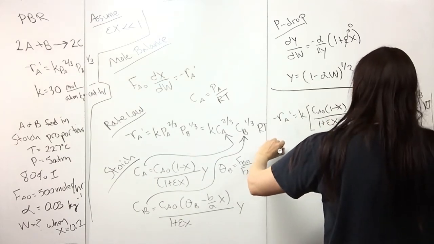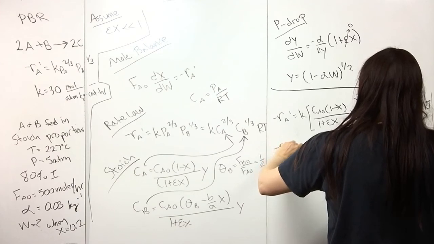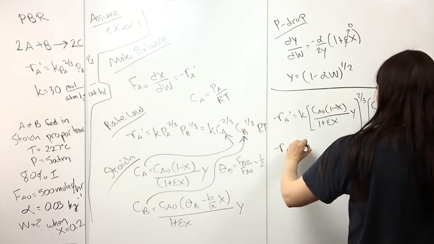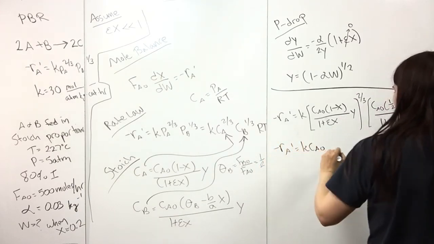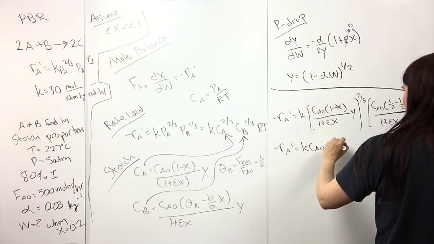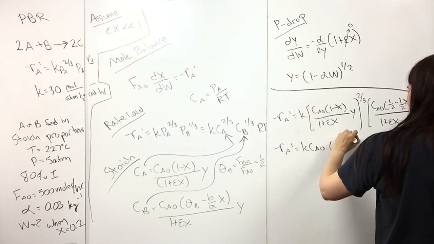I can pull out the CA naught, I'll just show you the math. So RA prime is equal to K, I'm pulling out CA naught, so then I have 1 minus x to the 2/3.